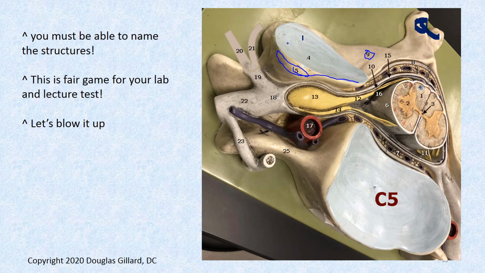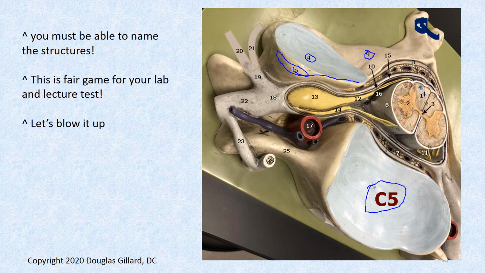And then the little pad on the top, that's the facet of the superior articular process. This is the C5 vertebral body. Call that the bony endplate. It looks like maybe some cartilage there, that's part of the cartilaginous endplate as well. You could really take either answer for that.